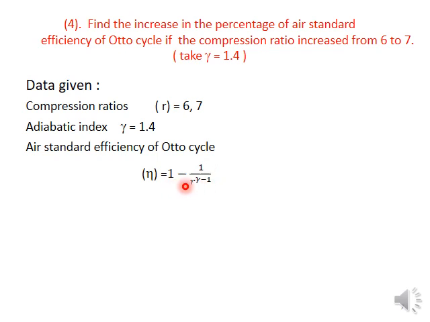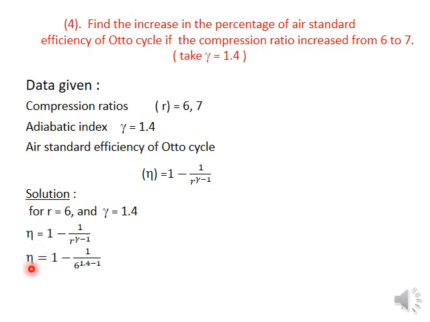So first you have to take the value 6, and they mention that gamma is 1.4. So I am substituting here. Efficiency is equal to 1 minus 1 divided by 6 power 1.4 minus 1.